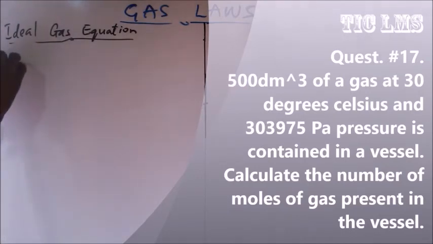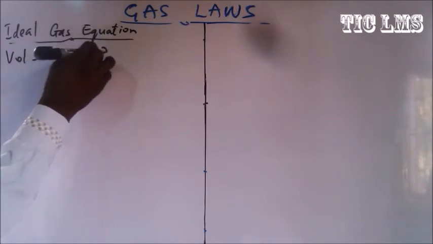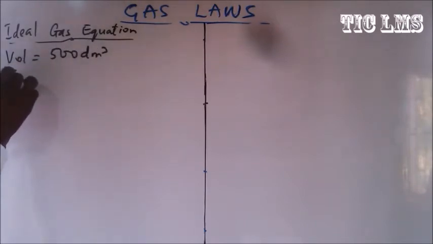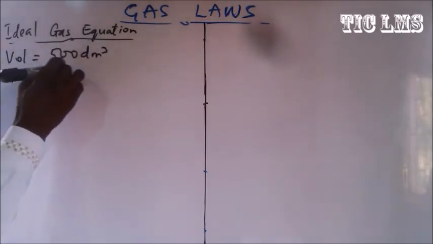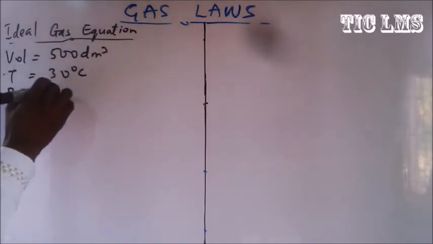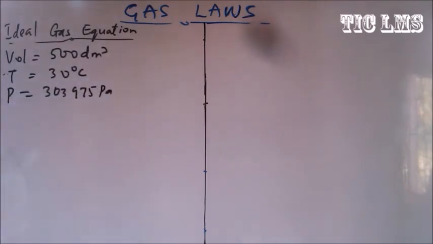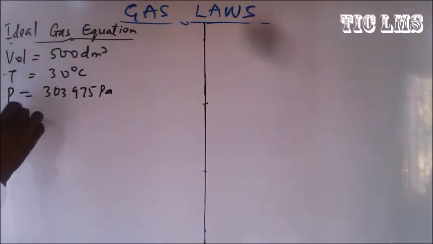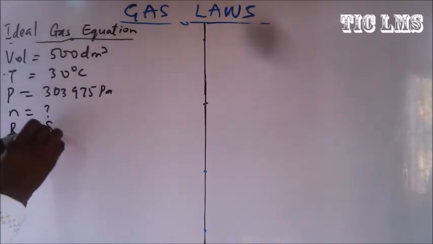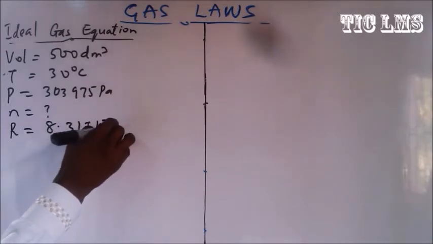We have a volume which is 500 dm cubed, at a temperature of 30 degrees Celsius and a pressure of 303,975 Pascal. We have to calculate the number of moles present in the vessel. We have our R, a constant, which is 8.31 joule per Kelvin per mole.